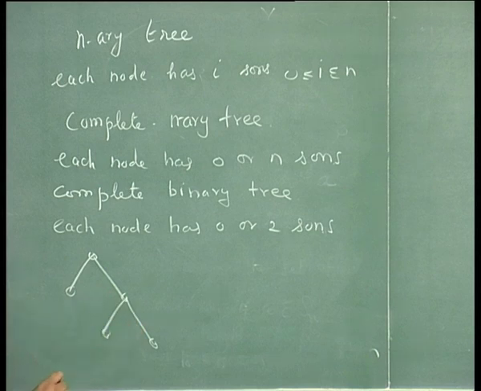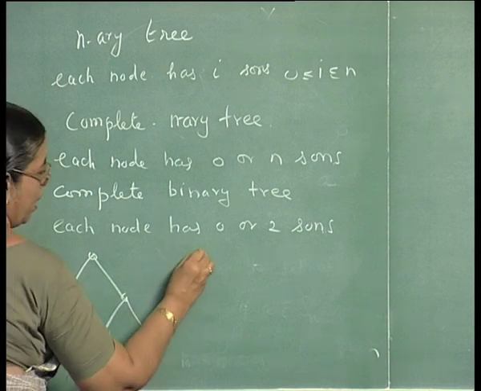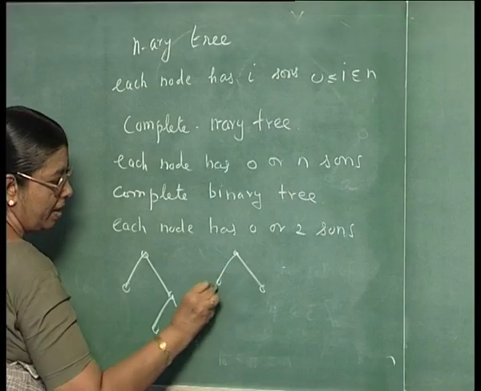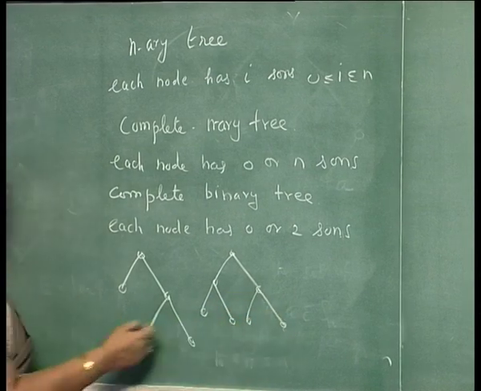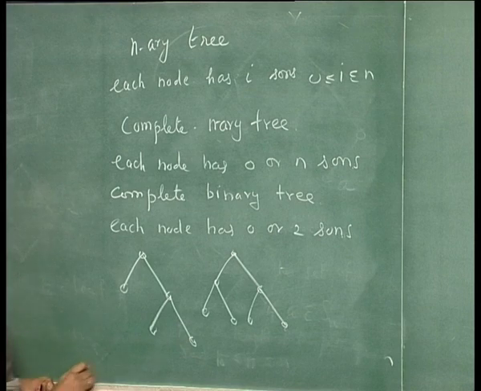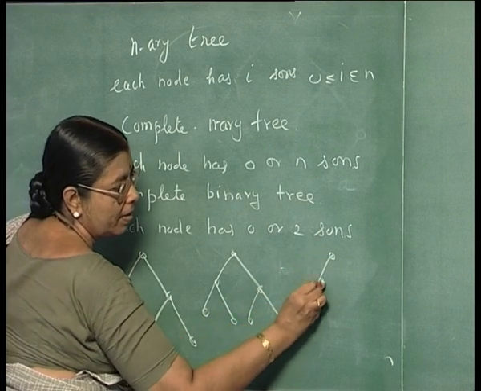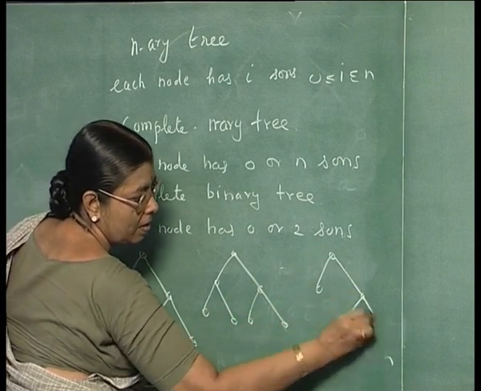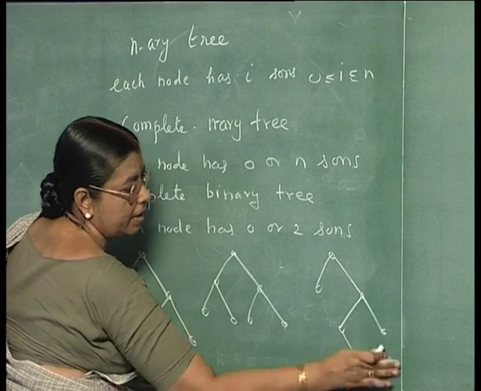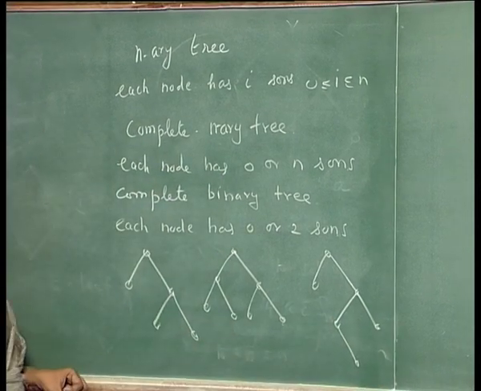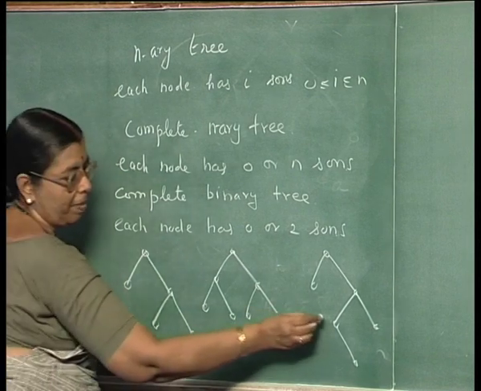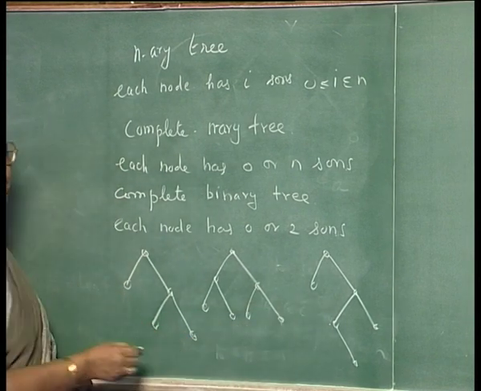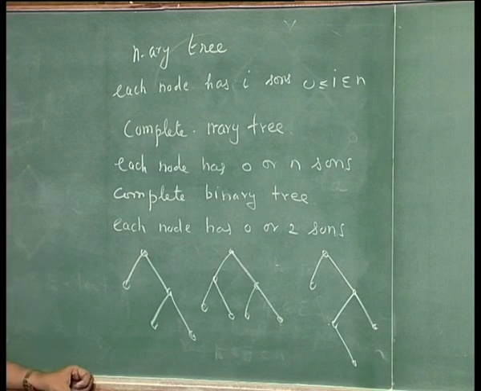This is a complete binary tree. Look at this tree. This is also a complete binary tree. Look at this. This is not a complete binary tree because this node has only one son. It is a binary tree, but not a complete binary tree.